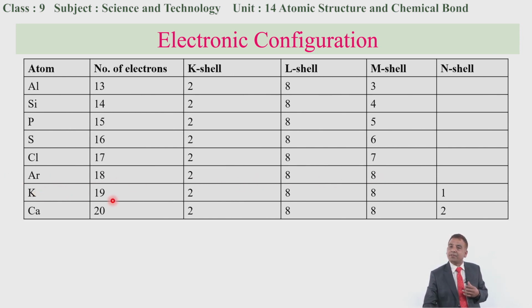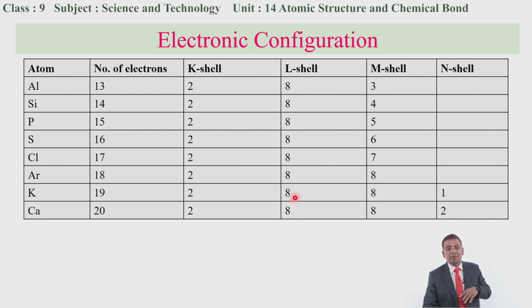Similarly, we can configure the electrons of potassium also, which has altogether 19 electrons. These 19 electrons have been configured into 4 different shells. The K shell can accommodate only 2 electrons, as well as the L shell can accommodate 8 electrons.